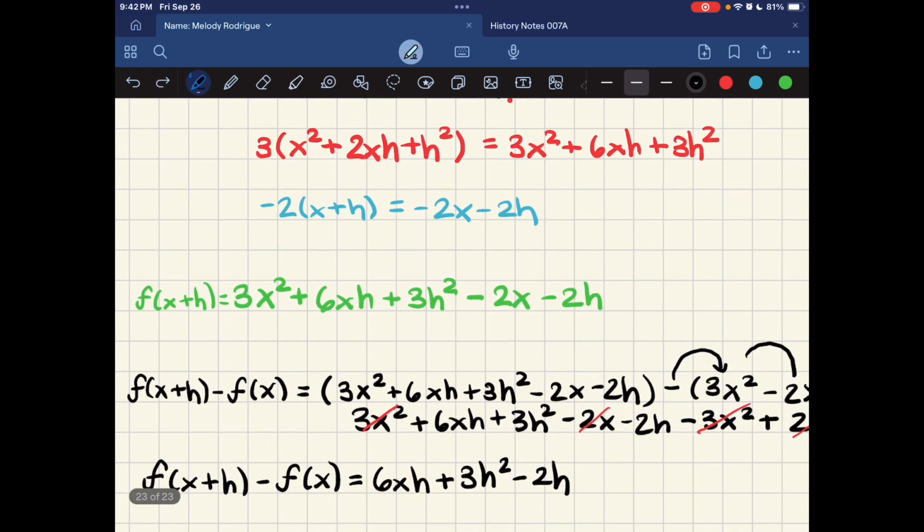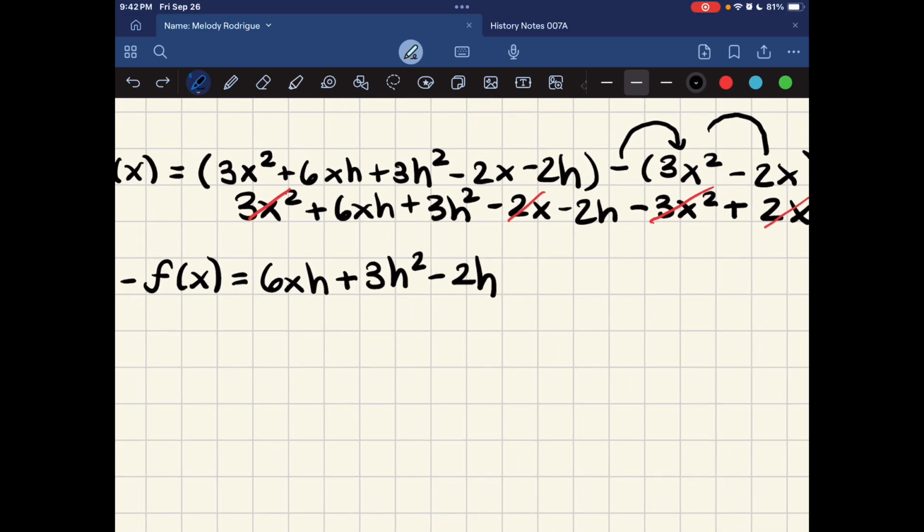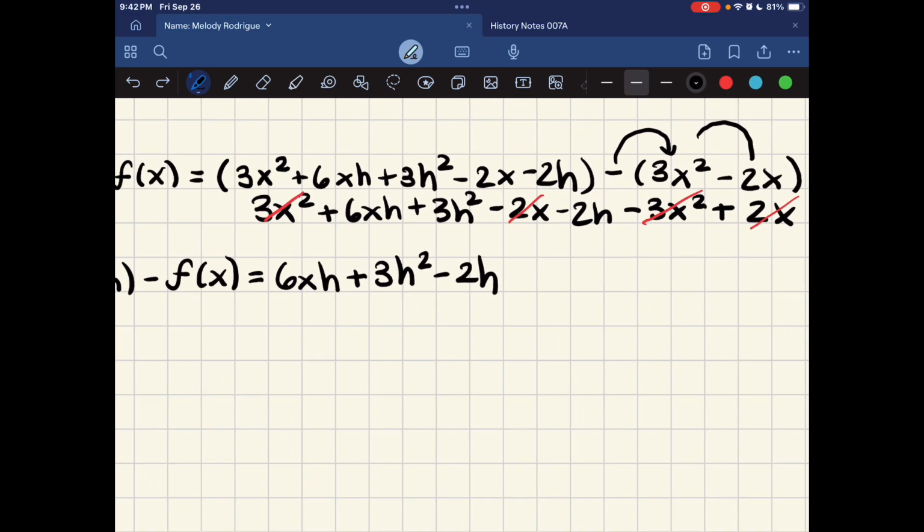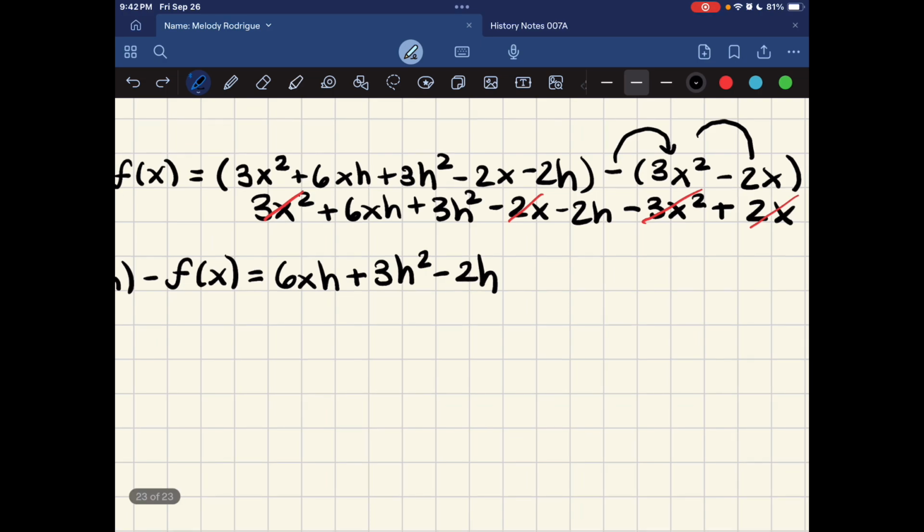So now, since we got the numerator, we're going to just divide the numerator by h. So now we're going to put it over h, and then we're just going to simplify each one.